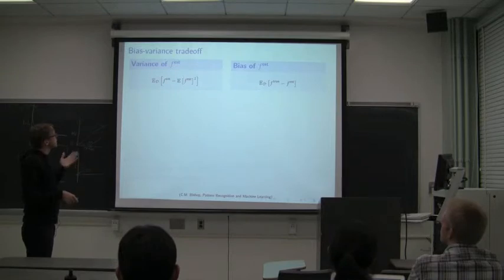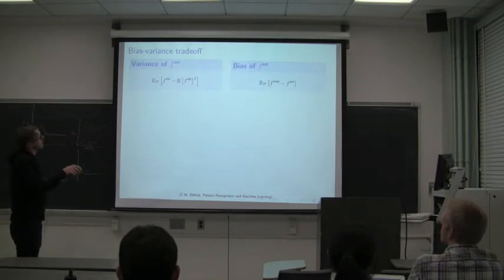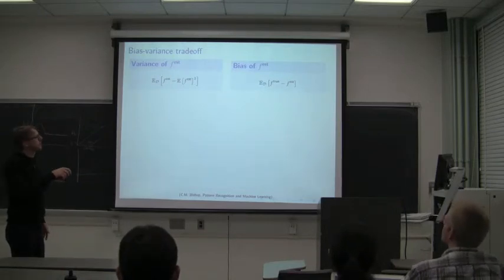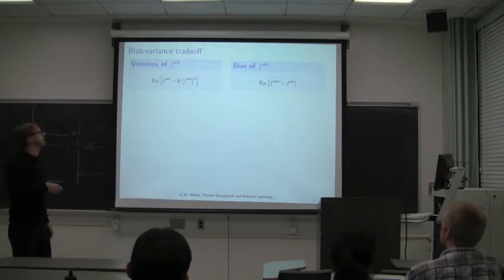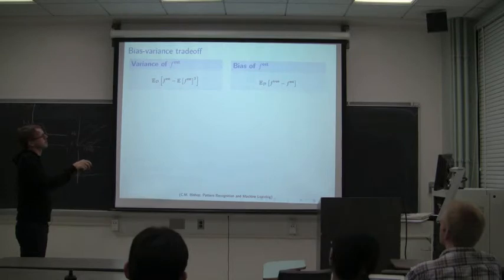For that, we introduced the concept of bias and variance of a function estimate. Bias is the expectation of the difference between the true function and our estimate, where the expectation is over the true distribution of the data, which is unknown. And variance is the expectation of the squared difference between the estimated function and the expectation, the mean estimated function.